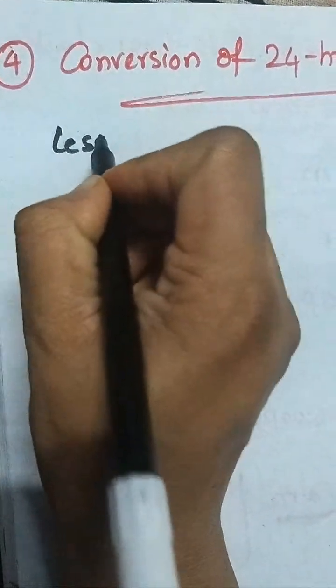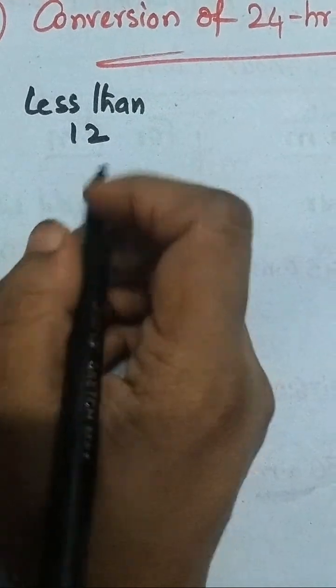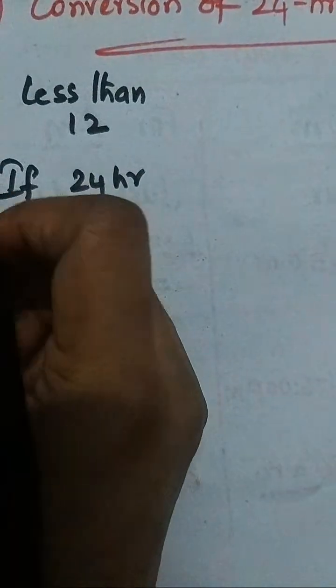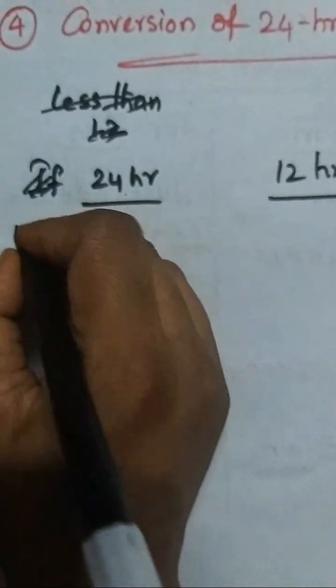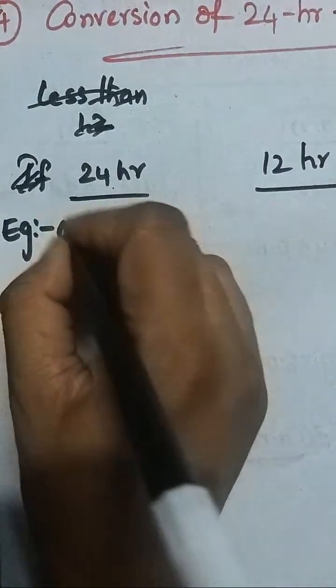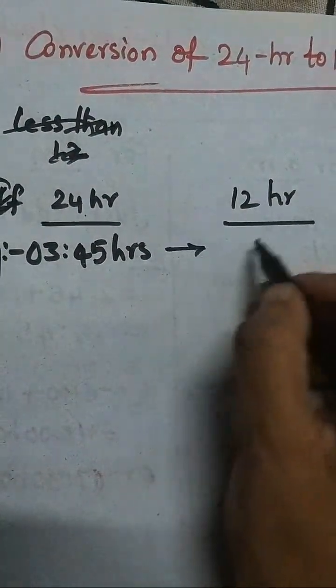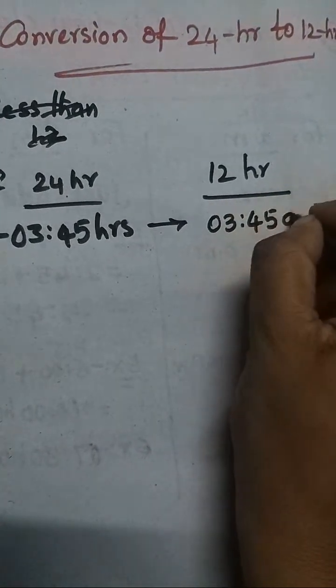If the hour is less than 12, see here, this is the 24-hour clock, this is the 12-hour clock. For example, 3:45 hours are there. We have to convert this into 12-hour. 3:45 AM we say.